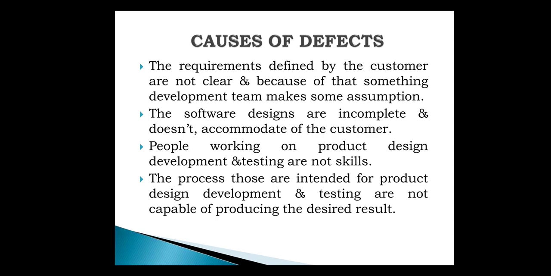The requirements defined by the customer are not clear, and because of that the development team makes some assumptions. If the customer is not giving proper requirements or the requirements are not clear, then the developer side teams or those stakeholders who are part of that communication are assuming some things which are not cleared by the customer. So because of that wrong assumption, it will cause a defect.